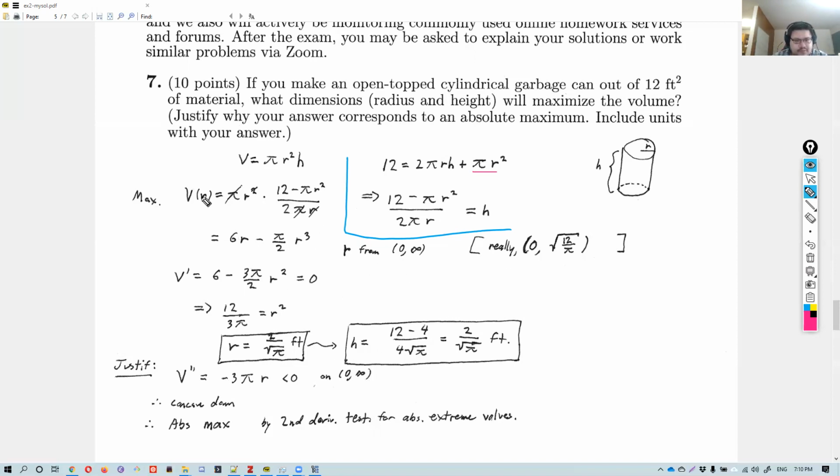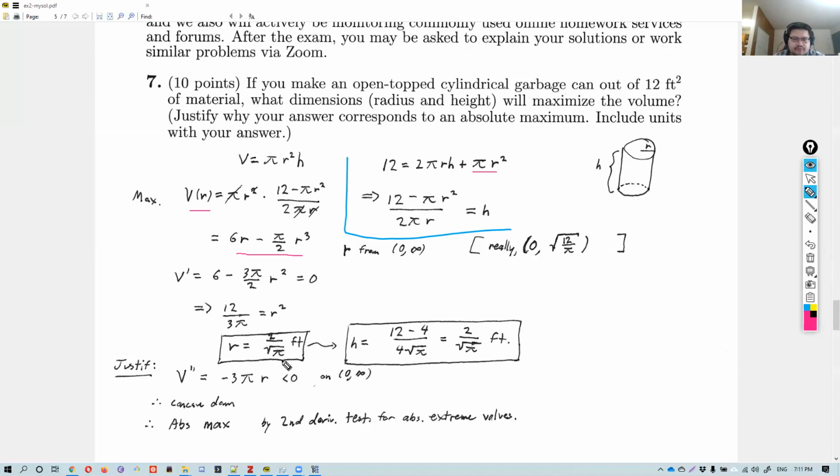So we have this formula for volume in terms of r. And what we do is we take the derivative and set equal to 0. So derivative set equal to 0 and solve. So we end up with 4 over pi is equal to r squared. We then take a square root of that.